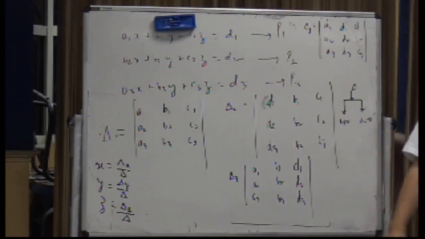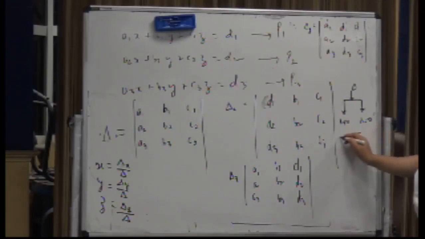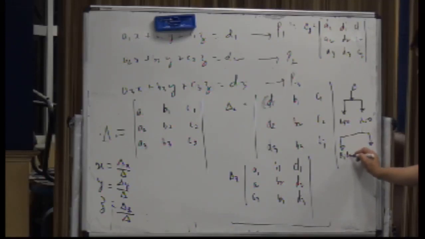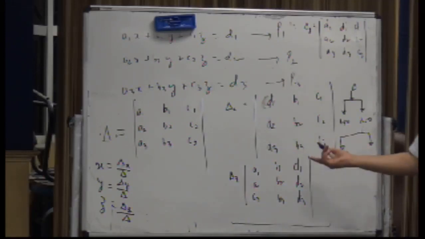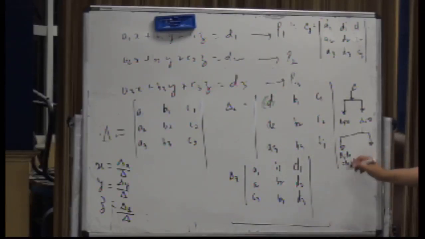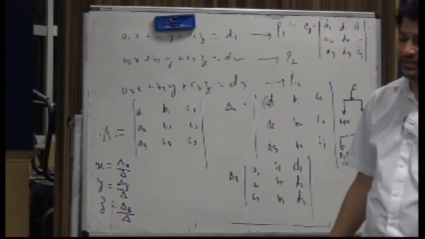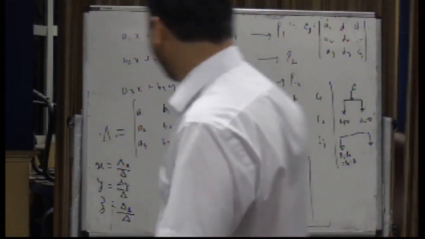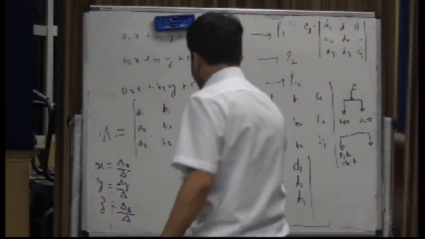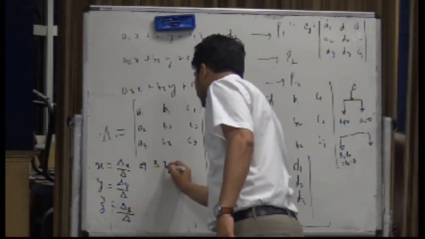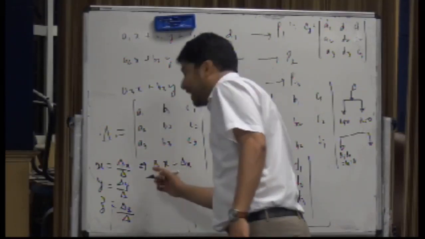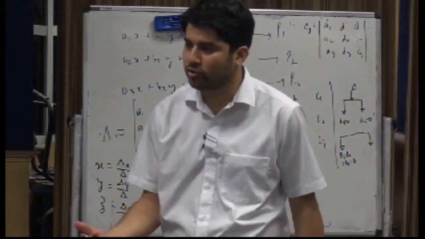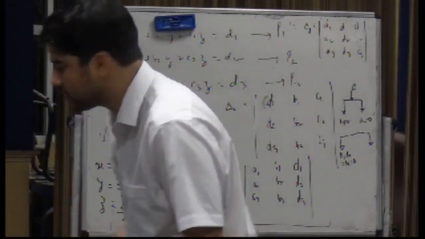When delta is equal to 0, then 2 cases arise. One case is that delta x, delta y, delta z, all 3 are equal to 0. If this is the case, what is the solution? Infinite. Why? Because we can write the equation as delta into x is equal to del x, and 0 into x is equal to 0, which can be satisfied by all values of x.